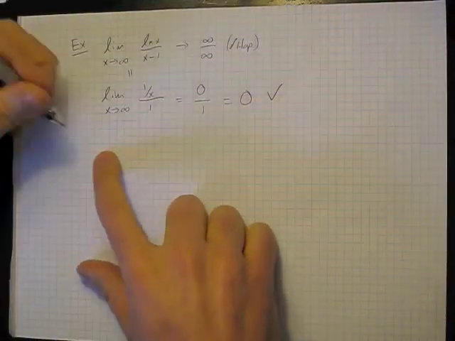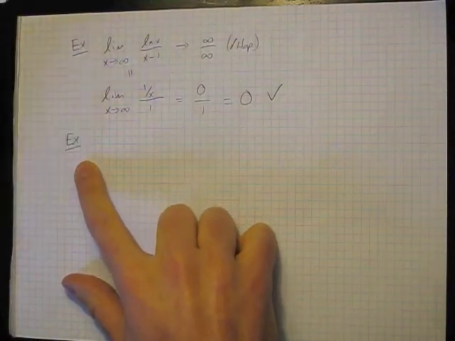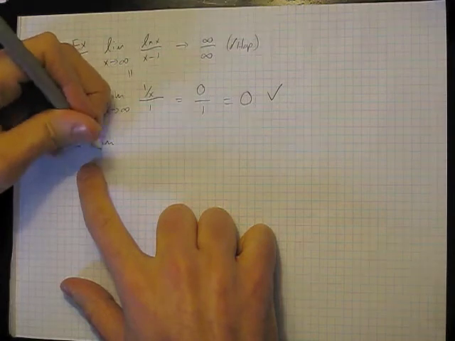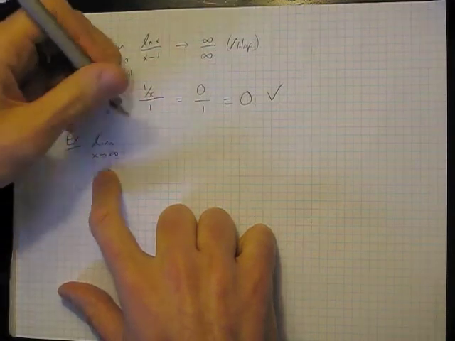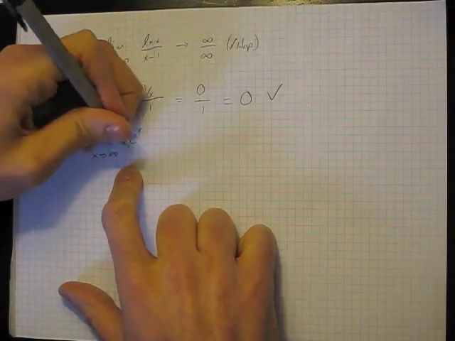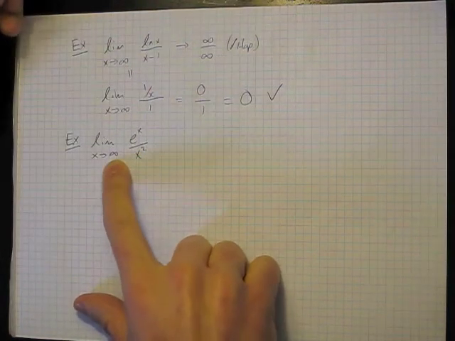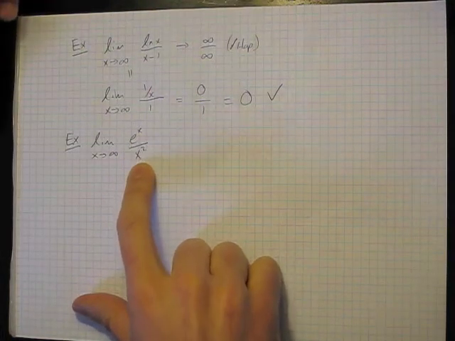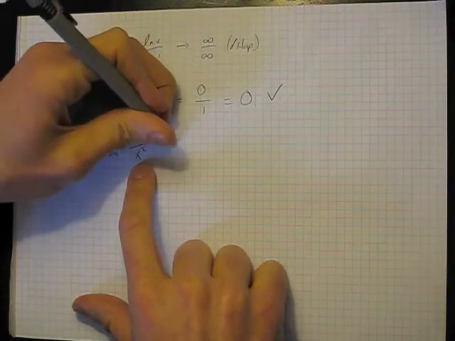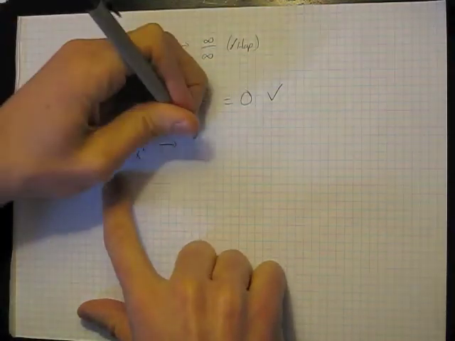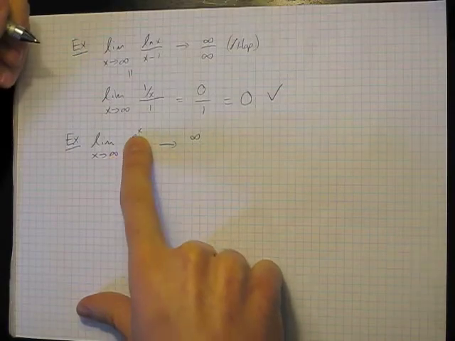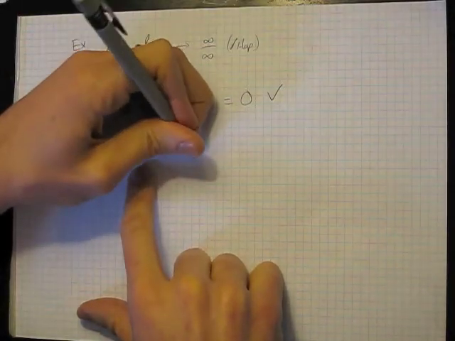All right, let's do another example. L'Hopital's rule is a very, very useful formula for computing limits of things. So how about the limit as x goes to infinity of e to the x over x squared? We know that the exponential graph certainly goes to infinity when its input goes to infinity, and x squared, of course, goes to infinity as well.